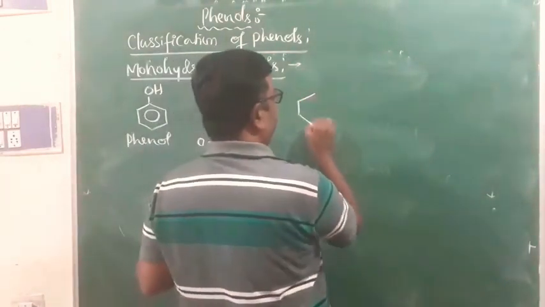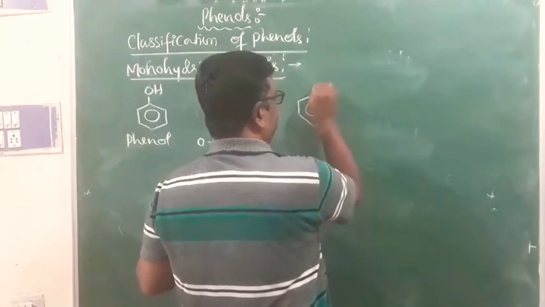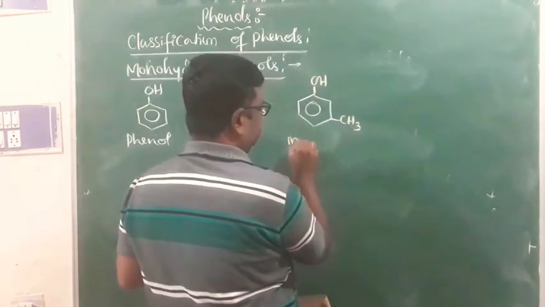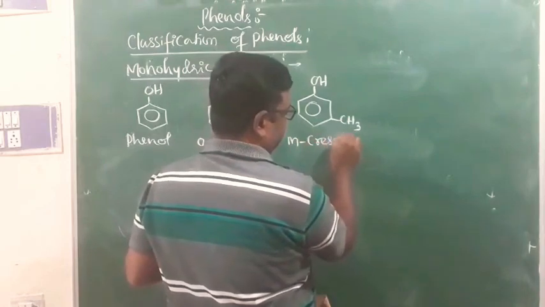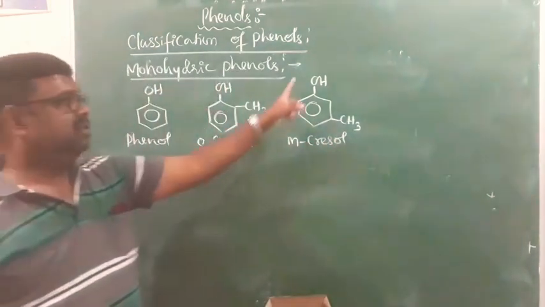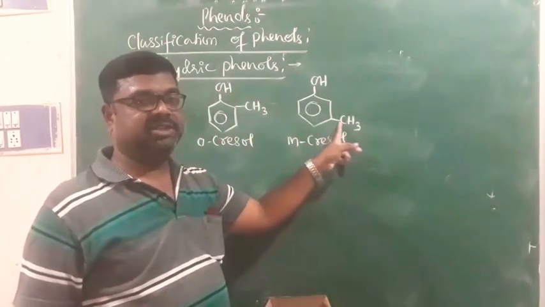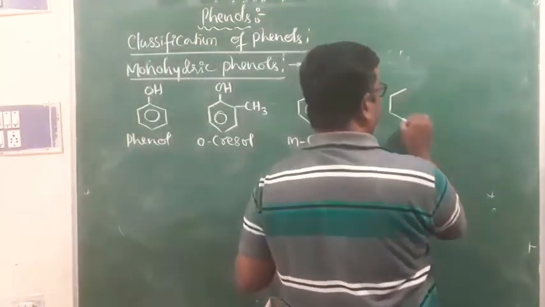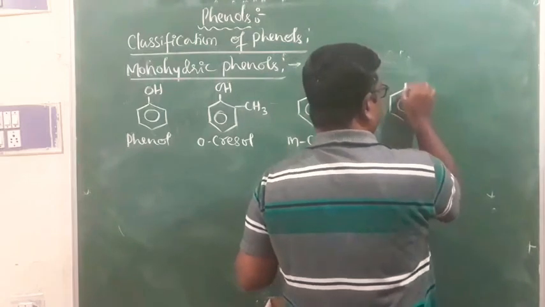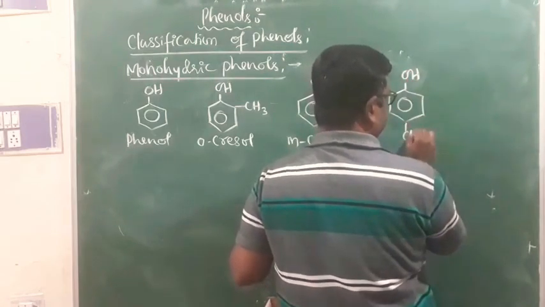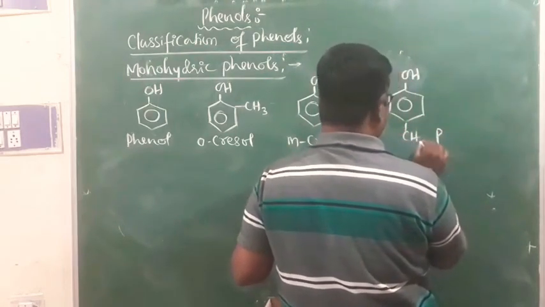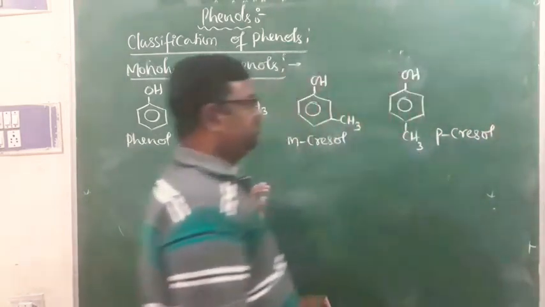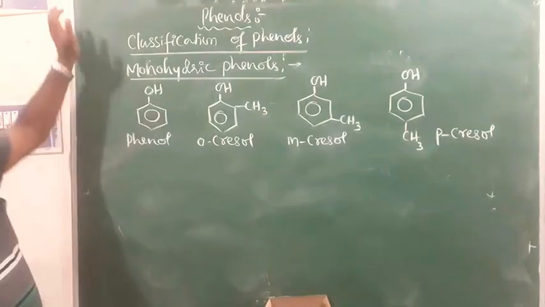Apart from that, we have one more monohydric phenol, and that is metacresol, because the OH group and the CH3 group are at the meta position to each other. And this is paracresol, where the OH group and CH3 group are at the para position to each other.